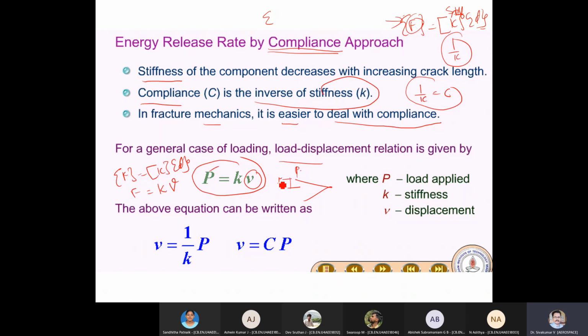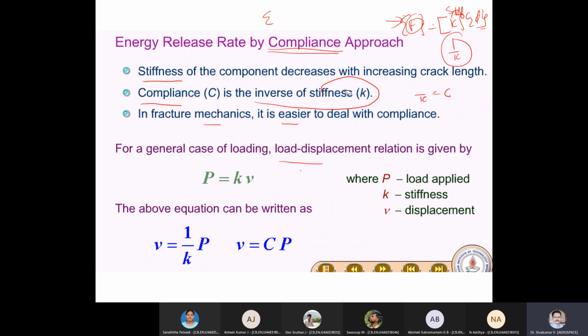For you it is D. I told you many times, don't confuse yourself. Sometimes I may use this or that. Fundamentally you know very well, so don't bother about these things. So the equilibrium equation is F is equal to K into U, or P is equal to K into V.